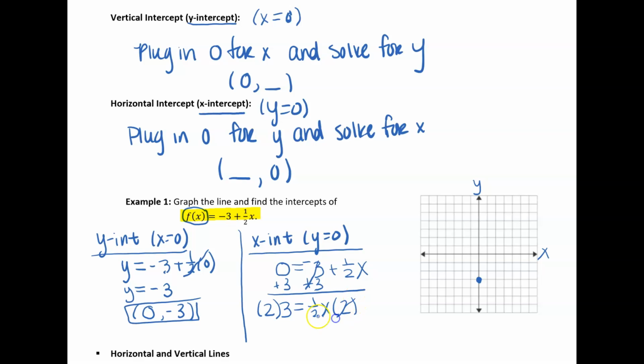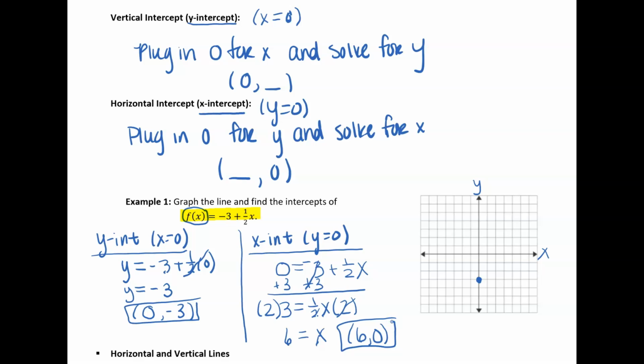Multiplying by 2, these cancel to give me an x, and then 2 times 3 is 6. If you prefer, since it was 1/2 times x, you could divide both sides by 1/2 and you would still get 3 divided by 1/2, which just gives you 6. So as an ordered pair, that would be 6, comma, 0.